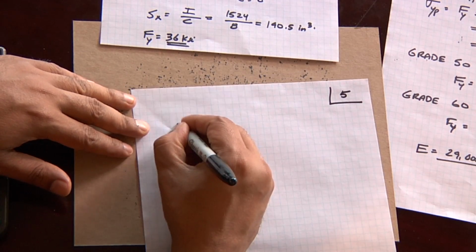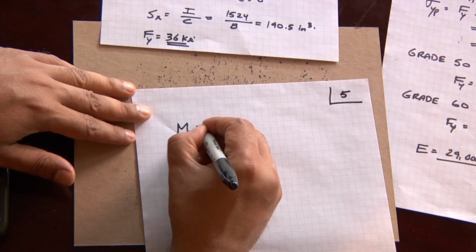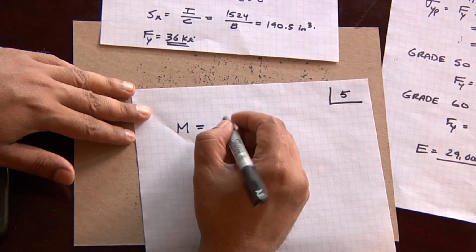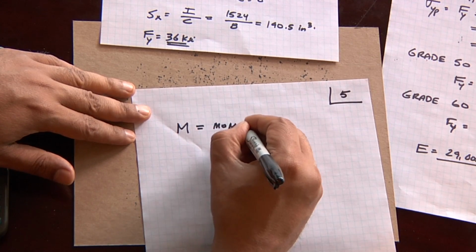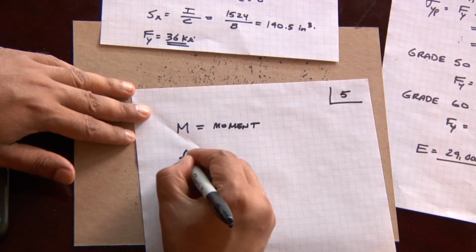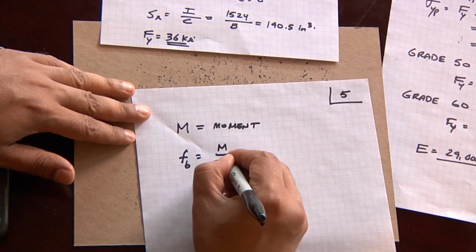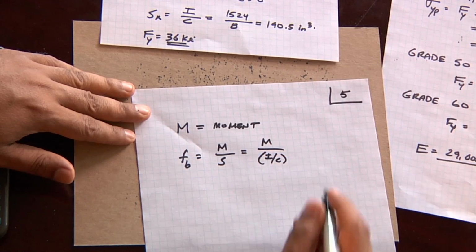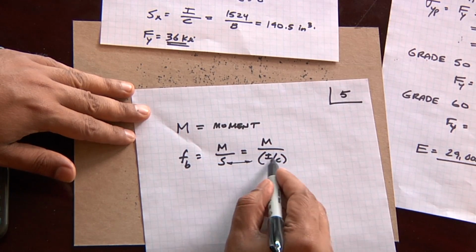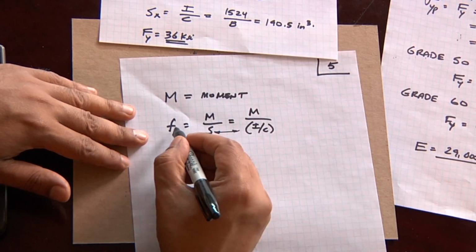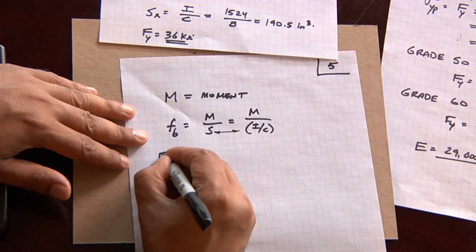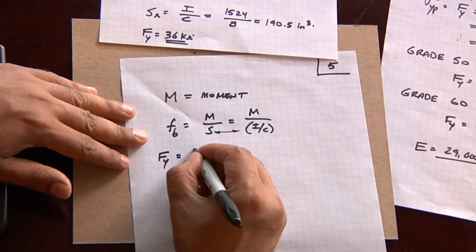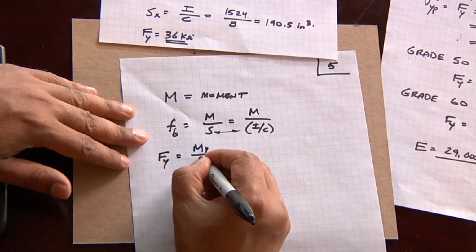So going back to our equation, if M is our bending moment, our stress is M over S, or M over I divided by C, where section modulus is just the moment of inertia divided by the C value. So for right now, let's use the yield stress, and that'll tell us our yield moment.